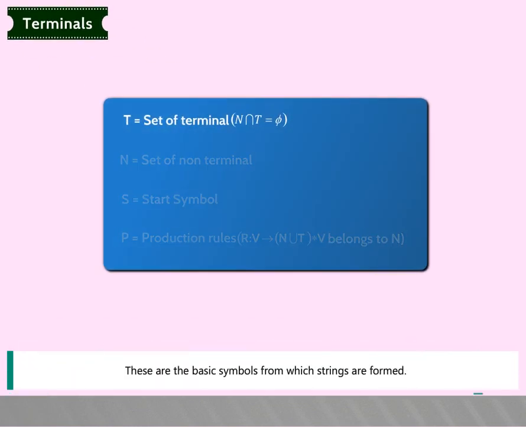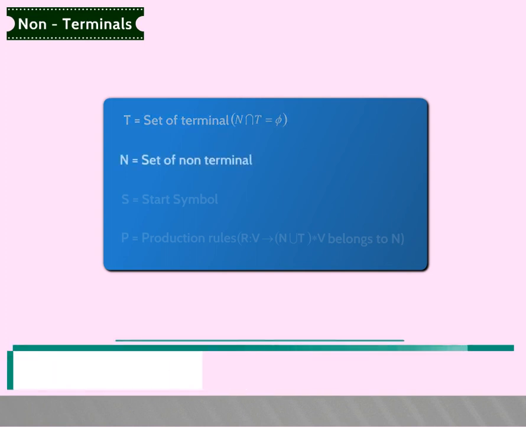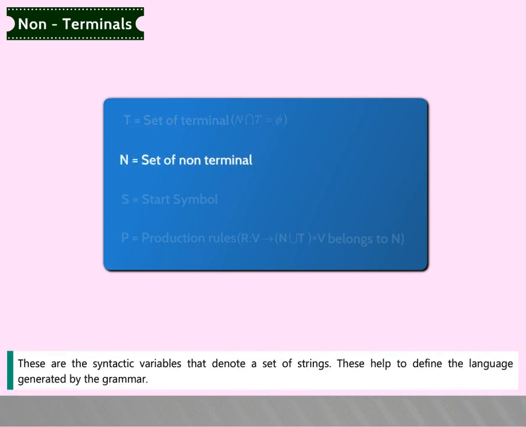These are the basic symbols from which strings are formed. Non-terminals. These are the syntactic variables that denote a set of strings. These help to define the language generated by the grammar.